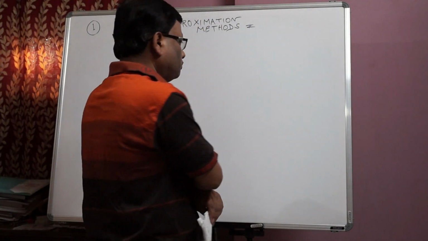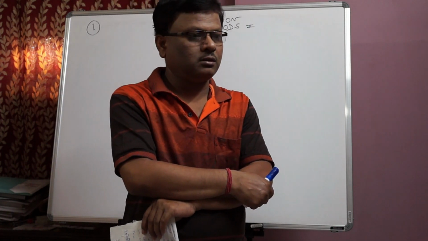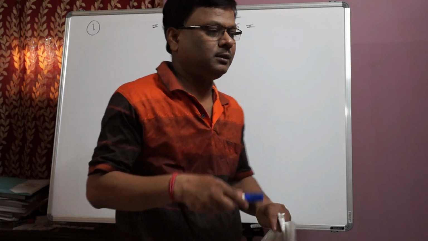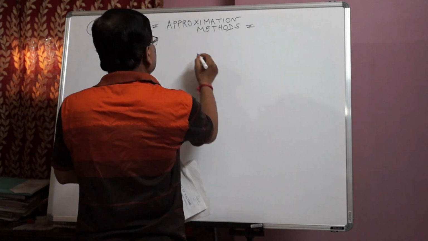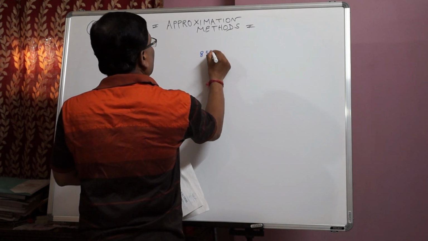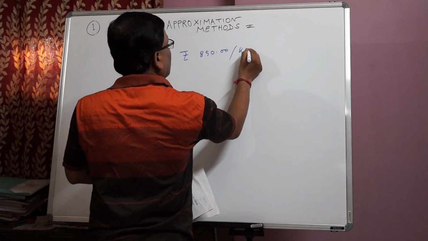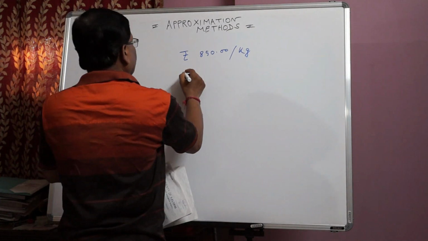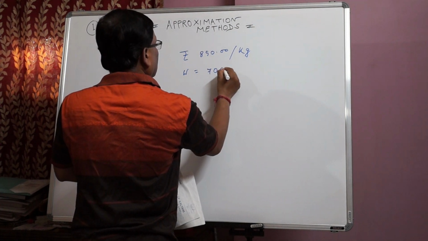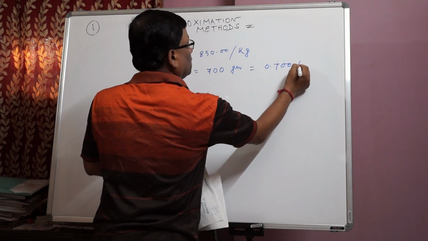Say in the market you buy a fish at 850 rupees per kg, and the weight of the fish is say 700 gram, so that is 0.700 kg.